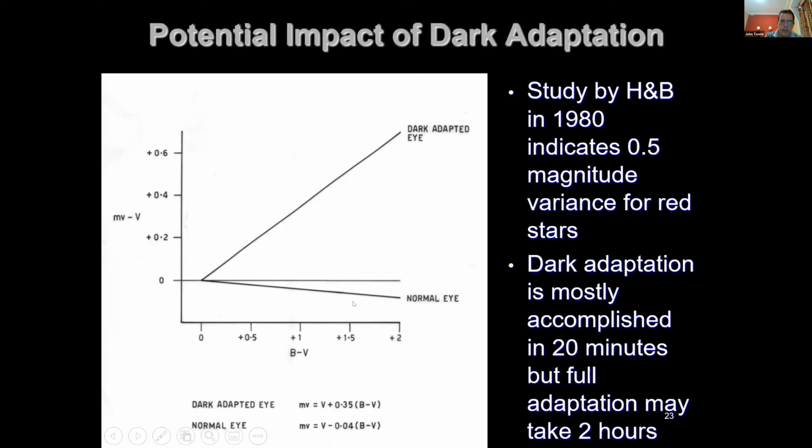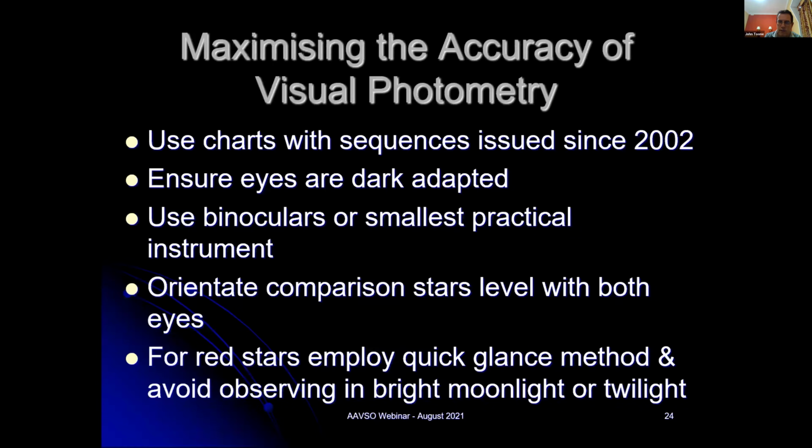If you've got a typically red variable, which is typically B minus V of 1.5, with the normal eye it's close to V, and then if it's dark adapted, you could have a difference of half a magnitude. So it does make a difference. It's very important to be dark adapted.